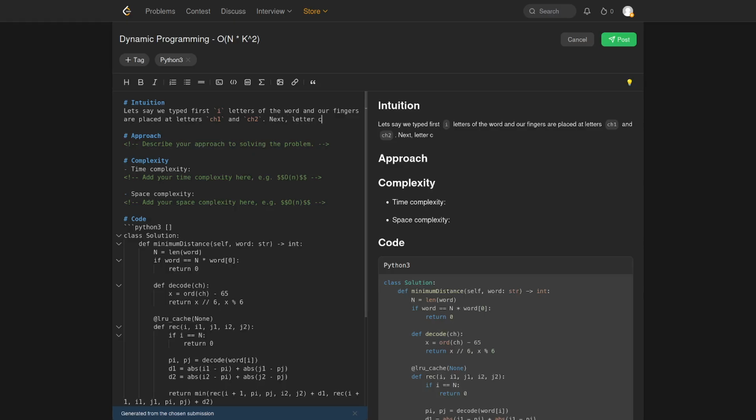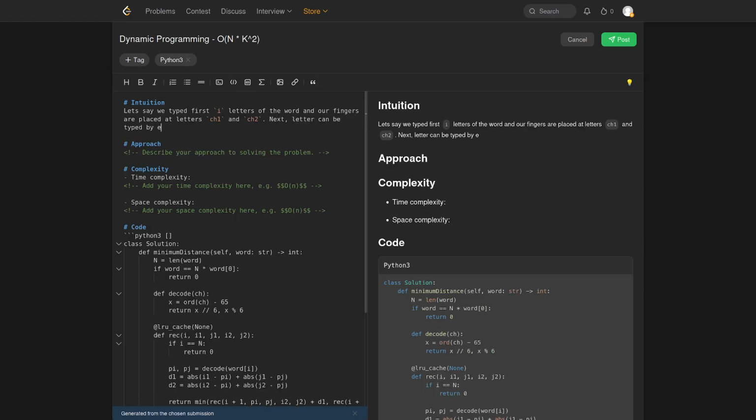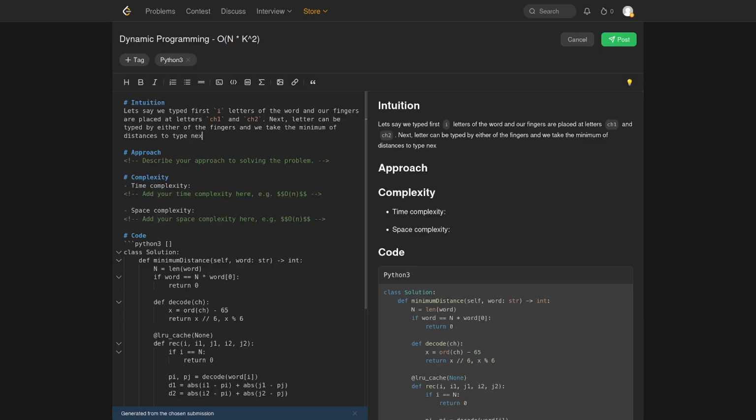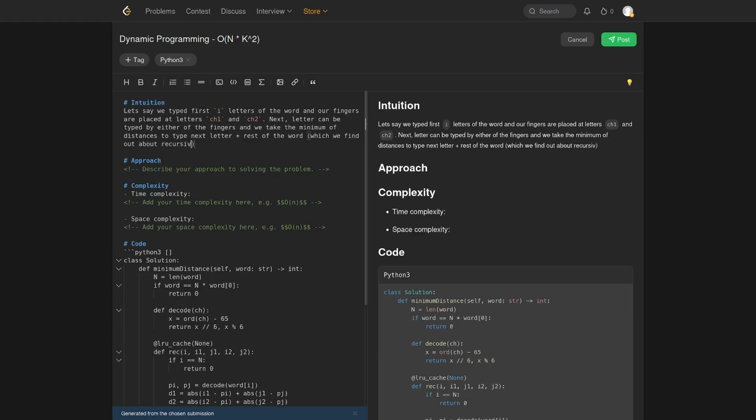The next letter can be typed by either of the fingers and we take the minimum of the distance to type the next letter plus the rest of the word, which we find out about recursively.